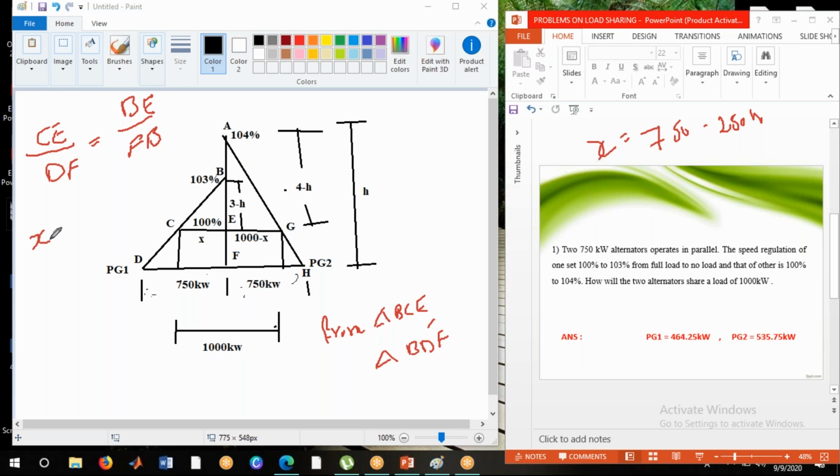X. X divided by DF, which is 750, equals BE, which is 3 minus H, divided by the total distance from B to F, which is 3 minus H plus H, so we get H. Now if you simplify this equation, we get X equals 750 minus 250H. So this is equation 1.